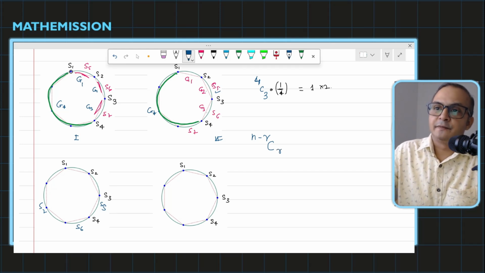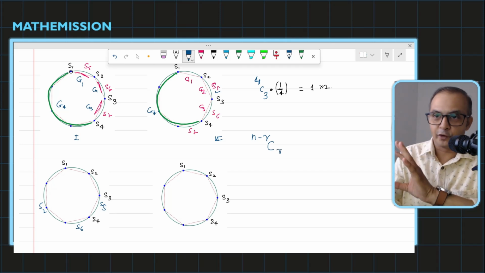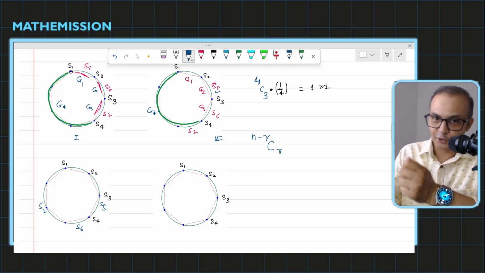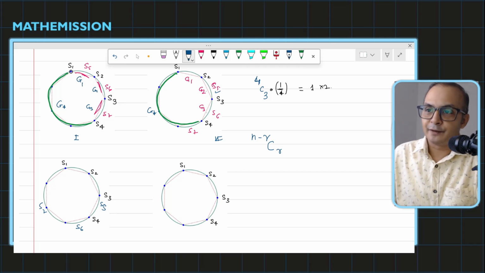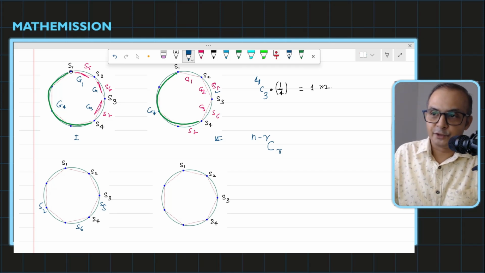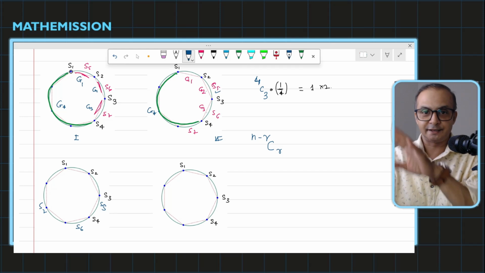Yes or no? Because you see that here also, out of 4 gaps, in the circular arrangement there is no extra gap because it completes the loop. So out of n minus R gaps, you are selecting R gaps to place them.